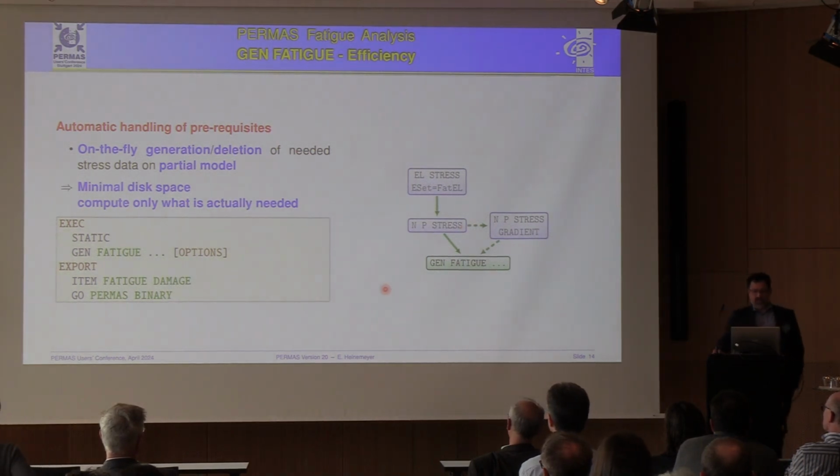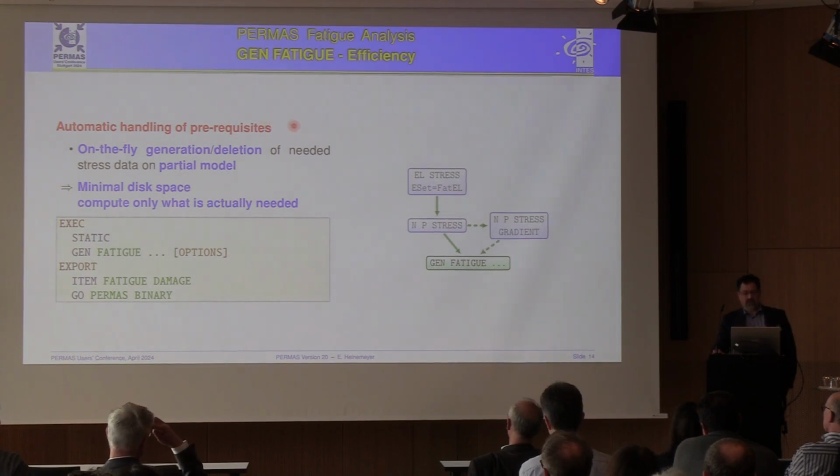Another aspect that I would like to talk about is the efficiency that we had in mind. Already in PERMAS version 19, the fatigue command handles any of its prerequisites automatically.